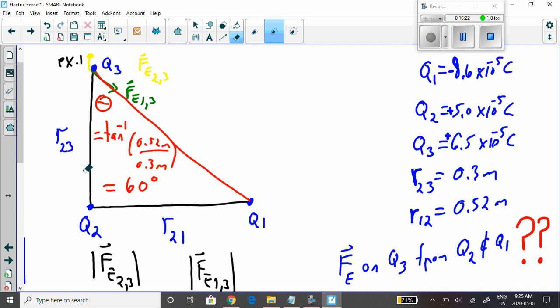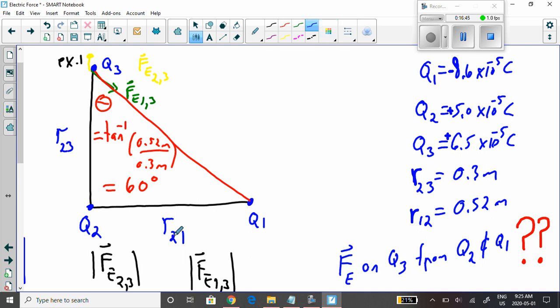Now, let's talk about some distances that we have here. Let's say that the distance between charge 2 and charge 1, which we're going to call R21 or R12, let's be consistent here. Let's call it R12, and let's fix that right now so we're consistent.